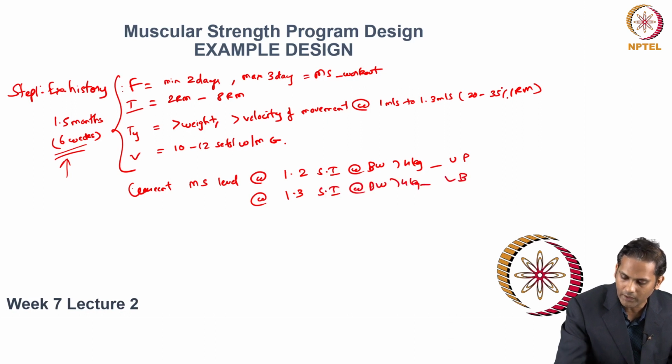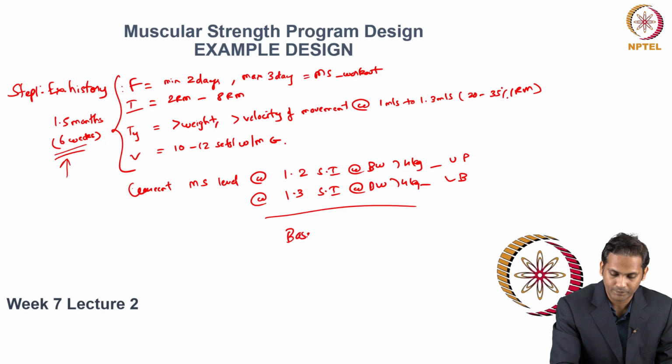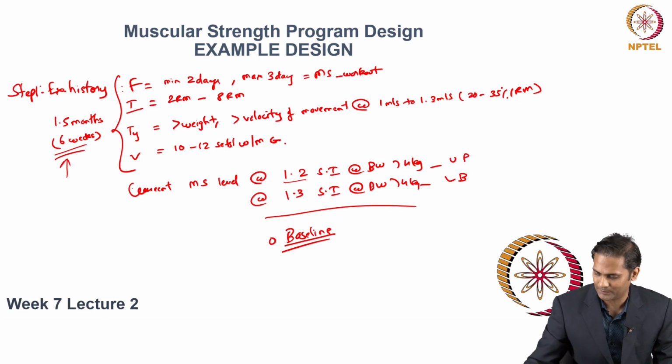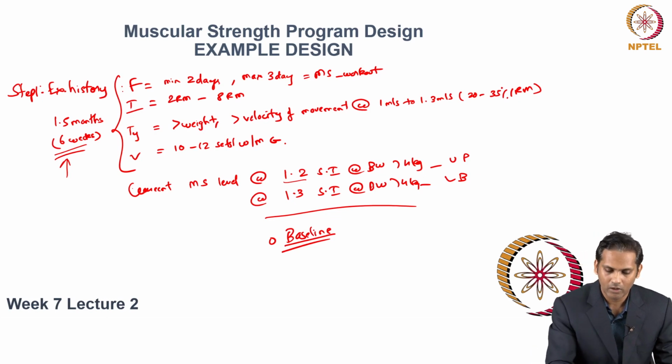This is my lower body muscular strength. So this is the baseline, the zero baseline that I have before starting a program for muscular strength. 1.2 strength index means I have the capacity of generating internal force to lift 1.2 times my body weight as external load. This is what it means. And the aim of the program design that I'm going to do is to increase this baseline.